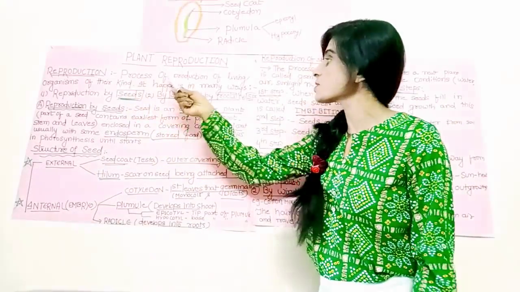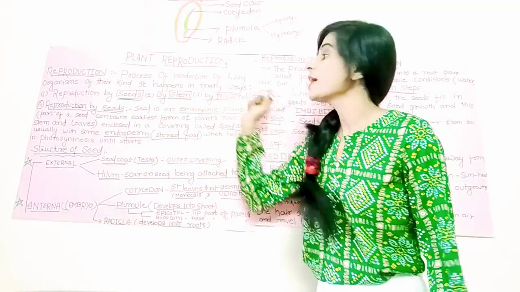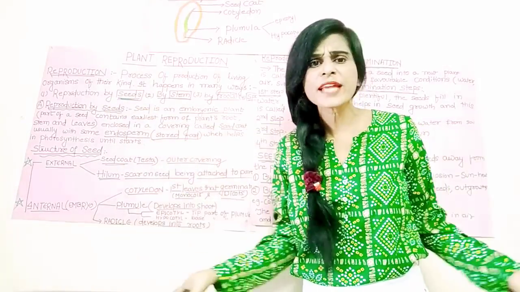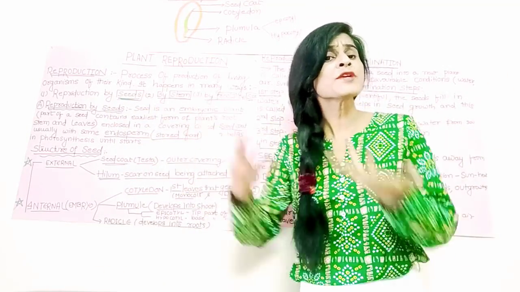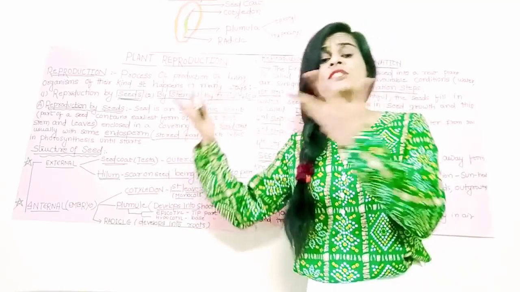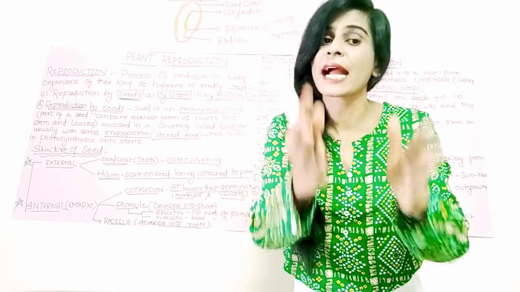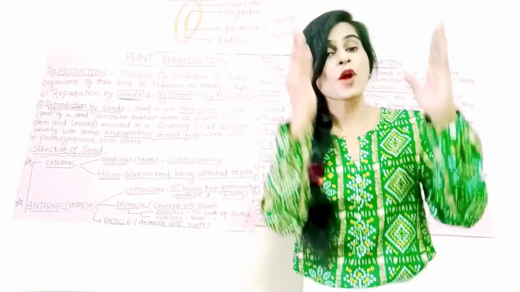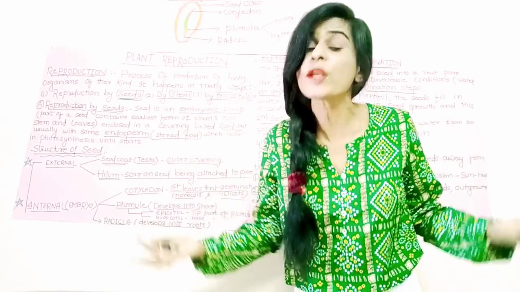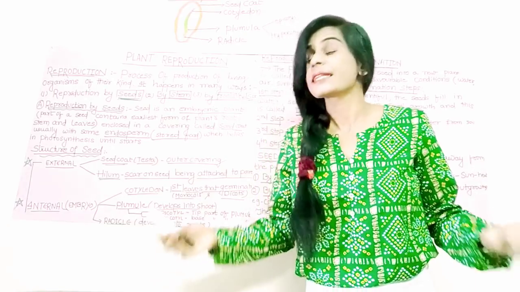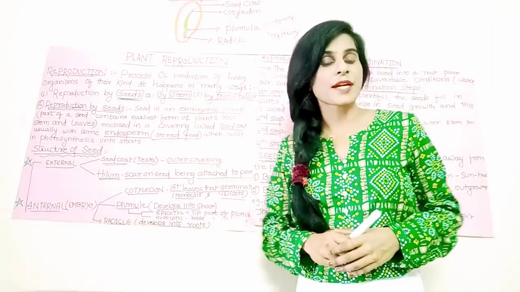The process of production of living organisms of their own kind. Plants will produce plants, human beings will produce humans, cats will produce cats. That is called reproduction.